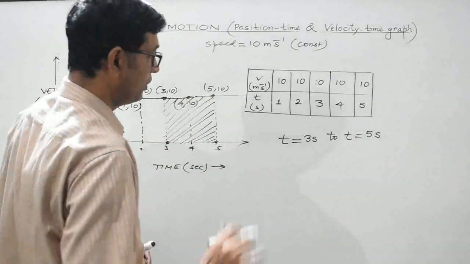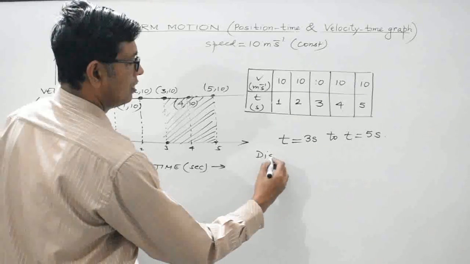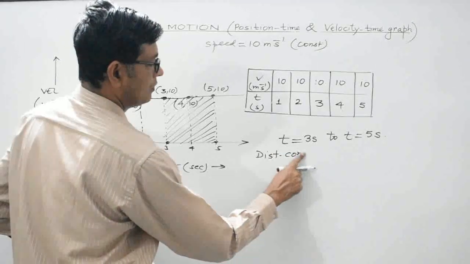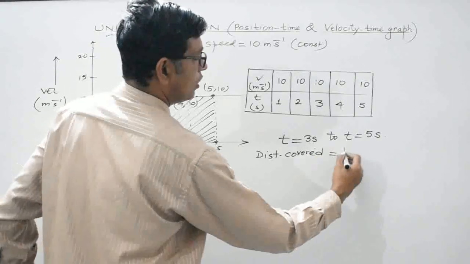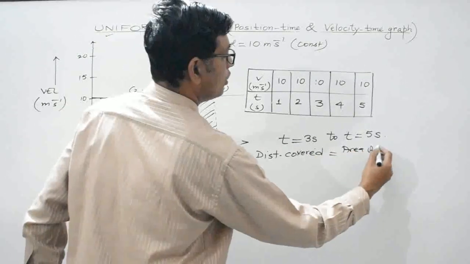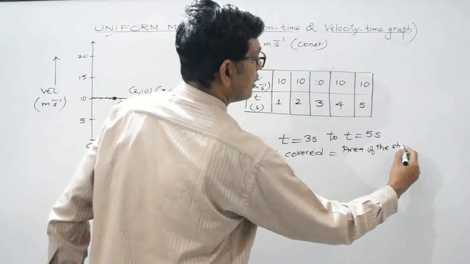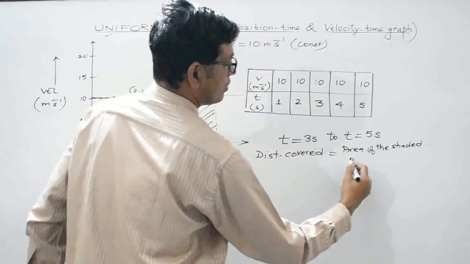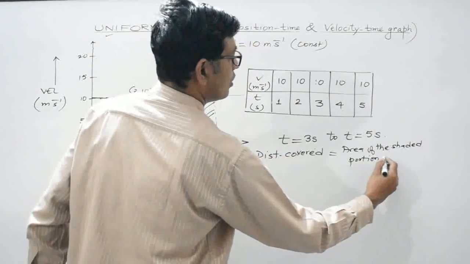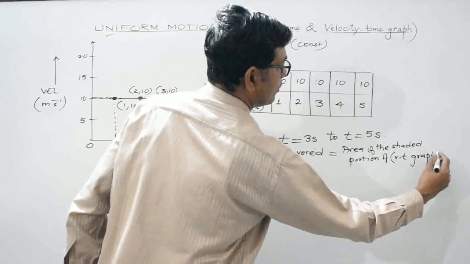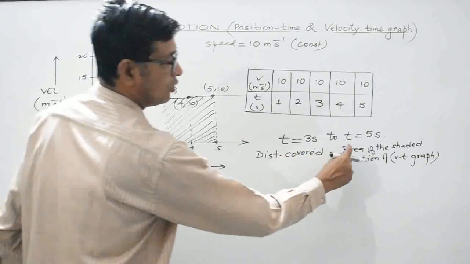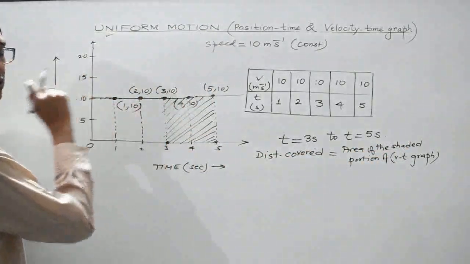We'll prove it. So basically the point is, distance covered would be equal to the area of the shaded portion of the VT graph, velocity time graph.